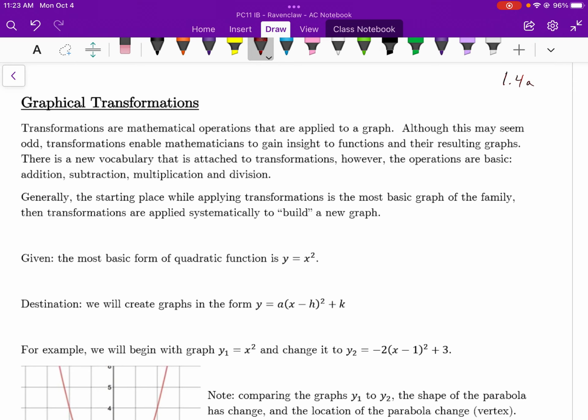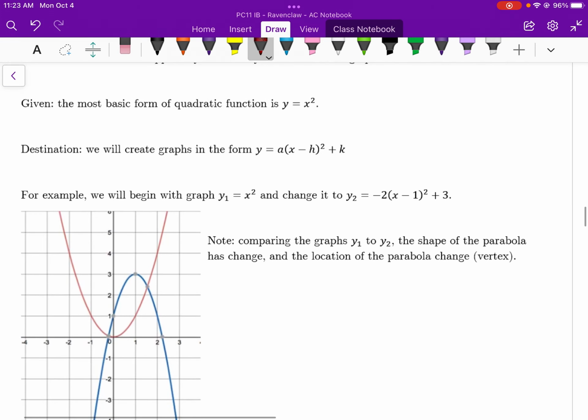And for each mathematical operation, it's going to change the graph. In other words, it's going to transform the graph. Transform, change.